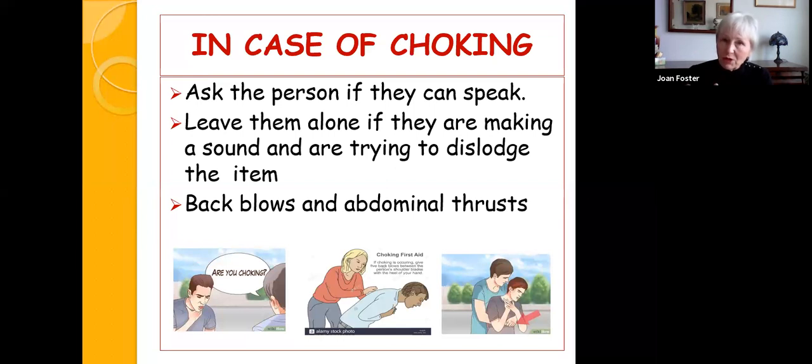it can interfere with someone's breathing. Now, obviously, the best thing is to make sure all the food is cut up really small so the person isn't going to choke, but that is not always possible. When we get older, we lack a lot of secretions in our mouth.